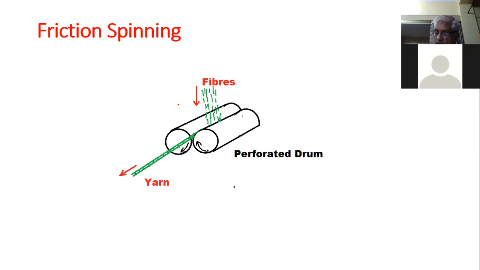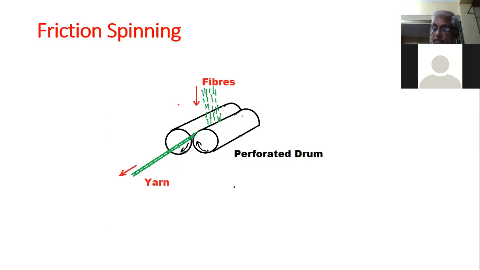So we can summarize the advantages and disadvantages of the friction spinning. So advantages are very high delivery speeds are possible up to 500 meters per minute, and production cost is very less, and elimination of rewinding because the tension is very low.